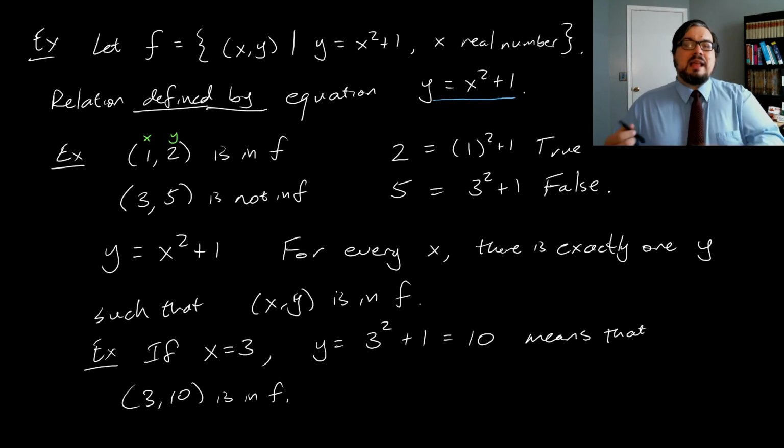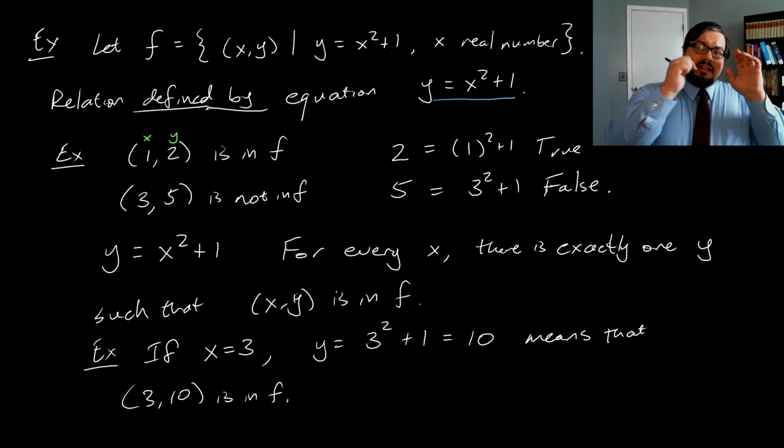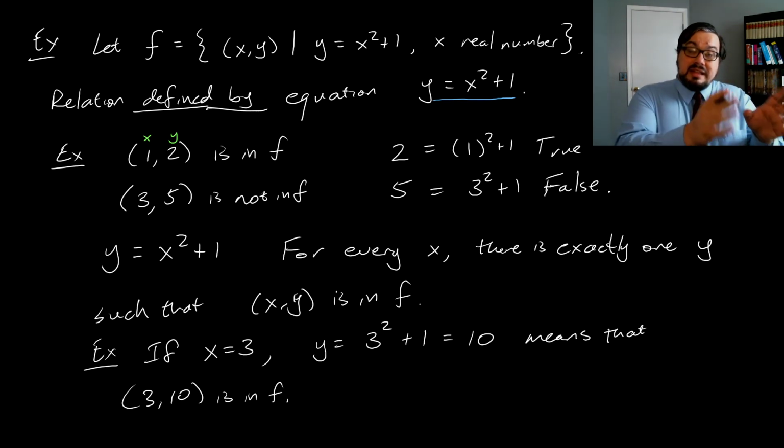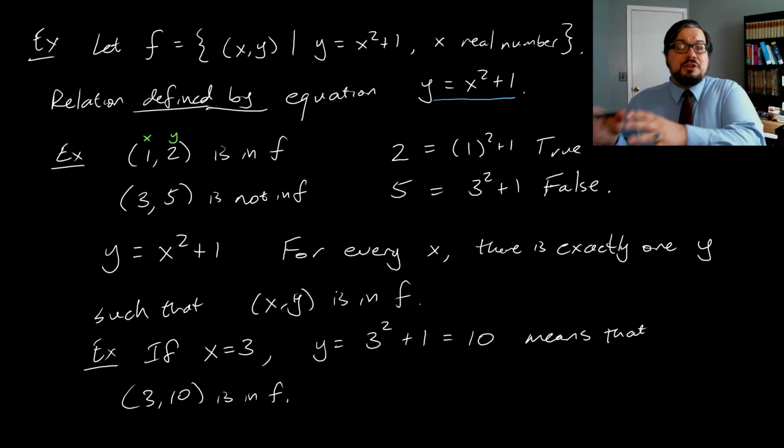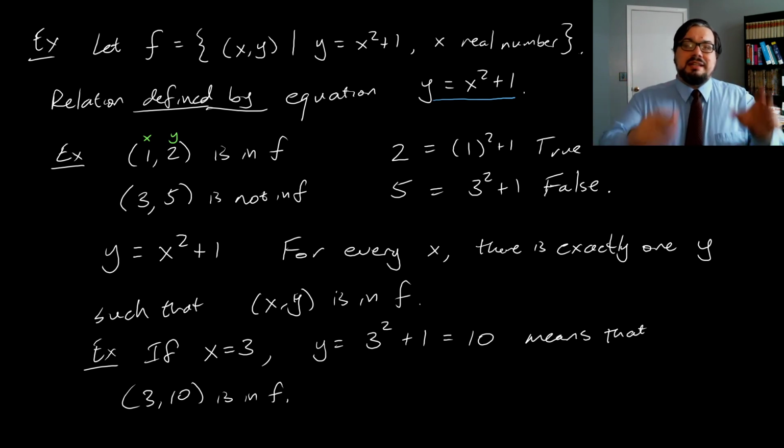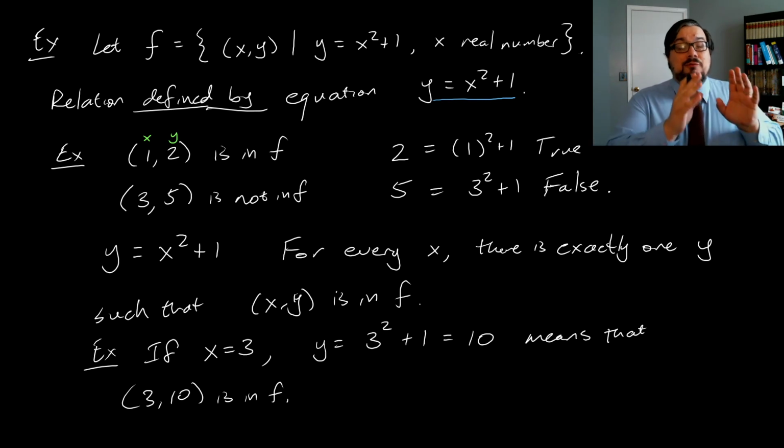You don't want the same barcode to ring up for two different prices at two different registers. The relation that takes a barcode as the input and the price as the output needs to be a function. It needs to only have one output for every input that can go into it.